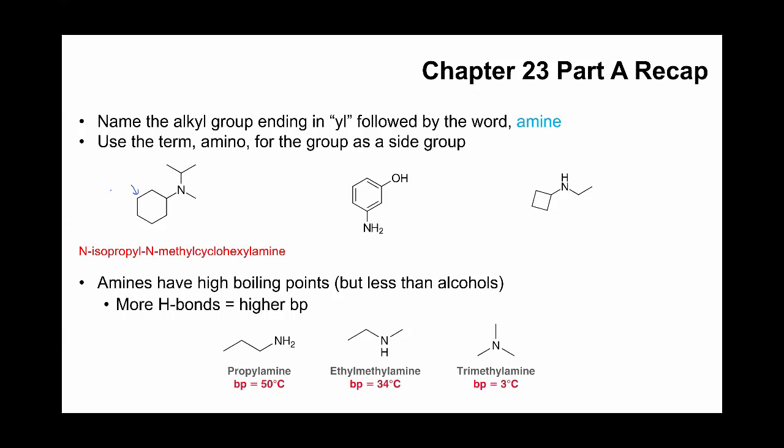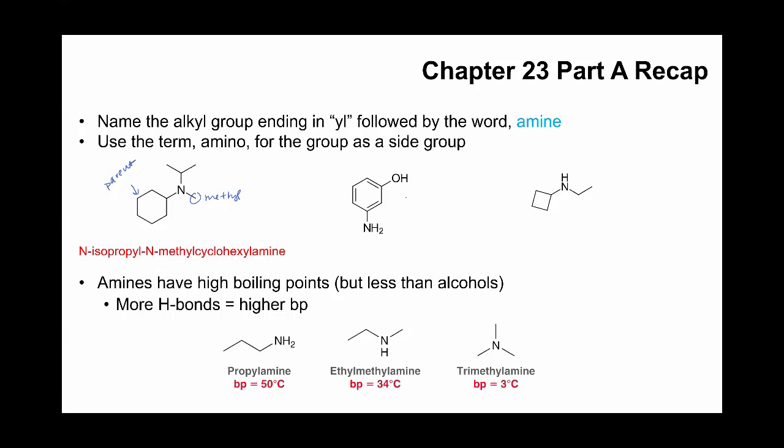That one's going to be the parent. So it's cyclohexyl, and then we end it with amine. But on there we have N-isopropyl and then N-methyl. And that's listed in alphabetical order. So N-isopropyl, N-methyl, cyclohexyl, amine.